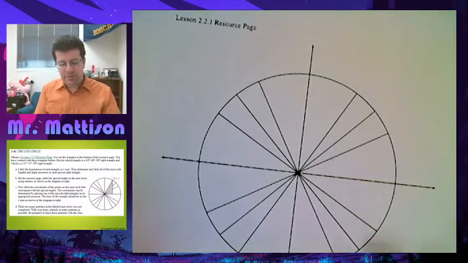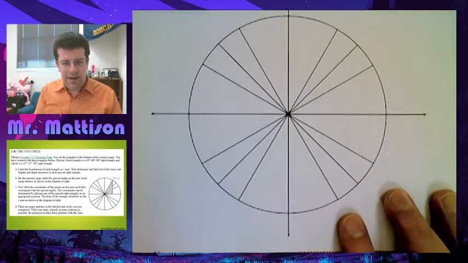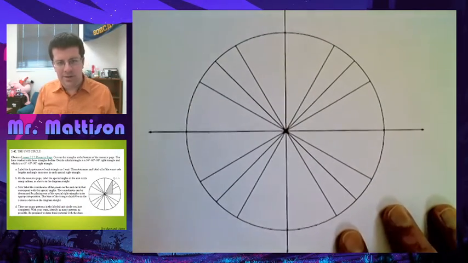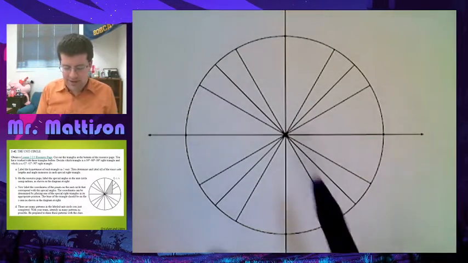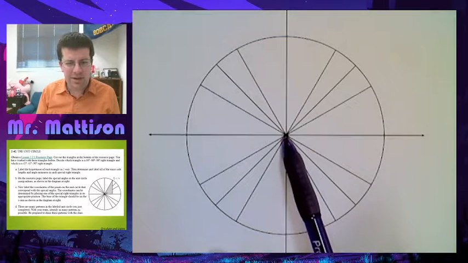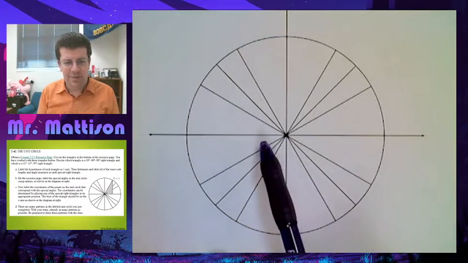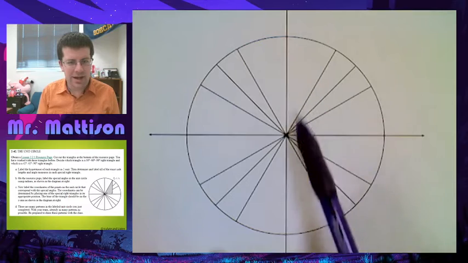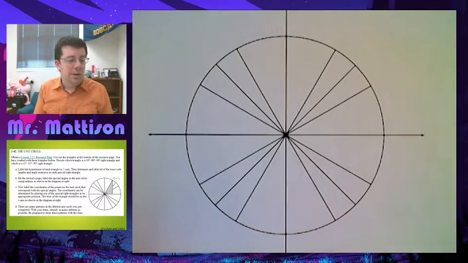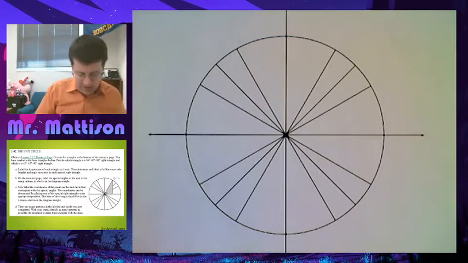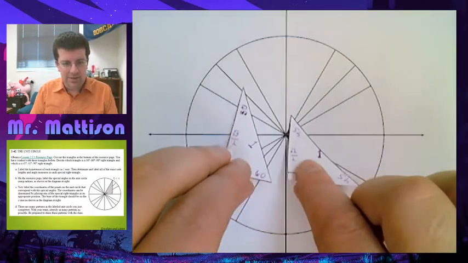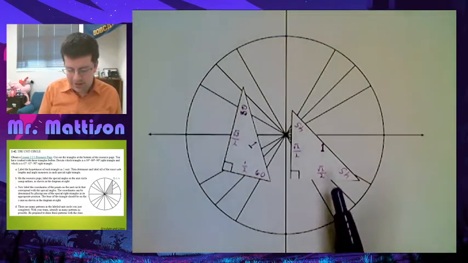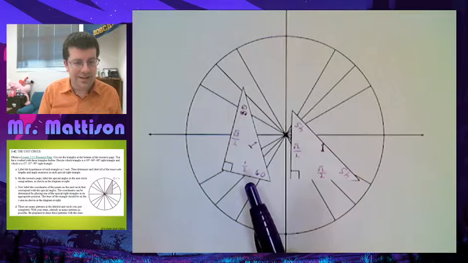So I have here my unit circle. It will always start at the origin, so its center is at the origin. I have my positive x-axis, negative x-axis, positive y, and negative y. Now I went ahead and drew out our special right triangles here, our 45, 45, 90 and our 30, 60, 90.